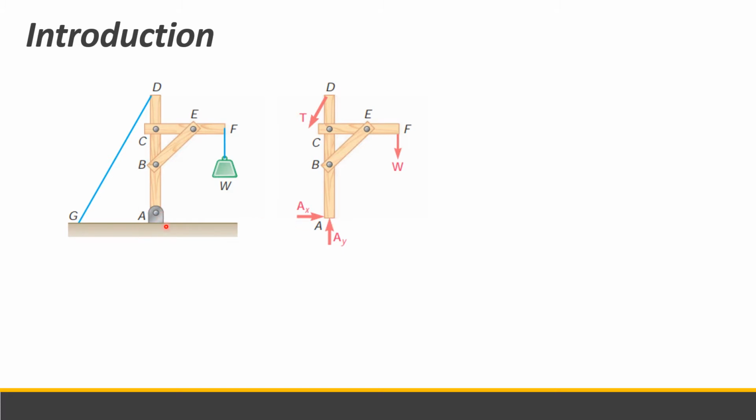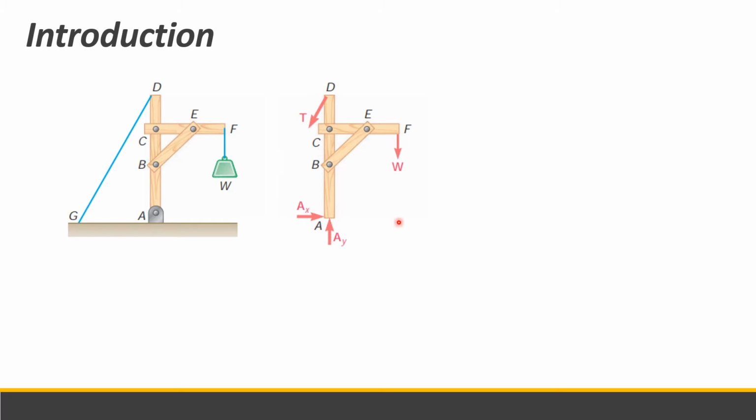In this case, sa pin or sa hinge, meron tayong dalawang reactions, that is AX and AY, and the force T exerted by the cable D. Sa previous module natin, we learned that cables cannot carry compression loads but are strong in tension. It is assumed that when a cable is presented with its force, it is always in tension.